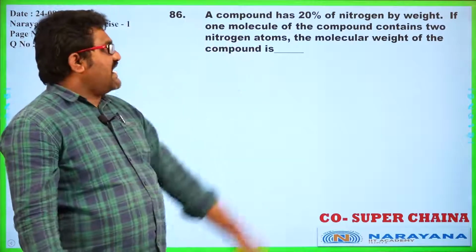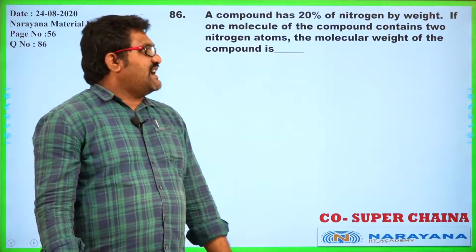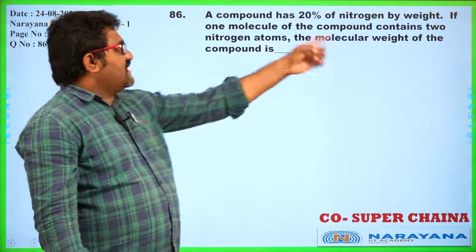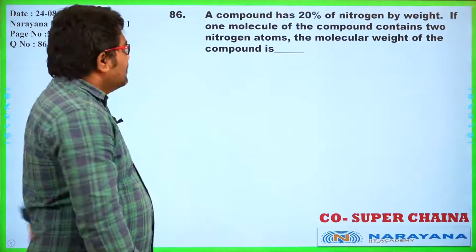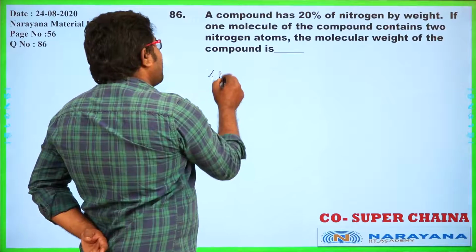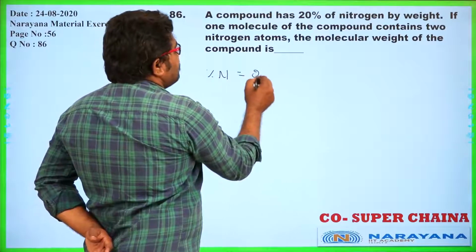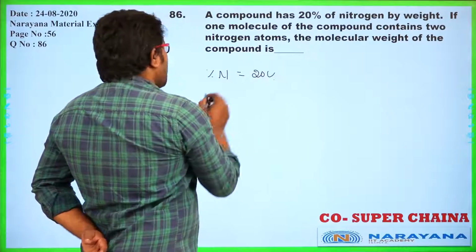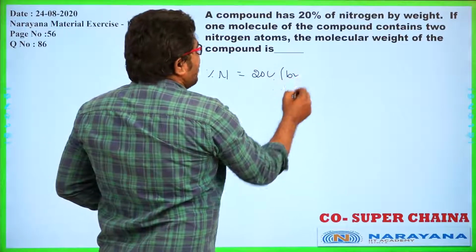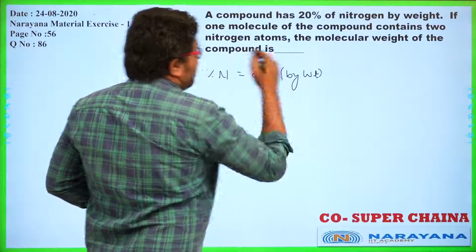A compound has 20% of nitrogen by weight. So here the total percentage of nitrogen in the compound is equal to 20% by weight. It is by weight, total by weight, which is very important.